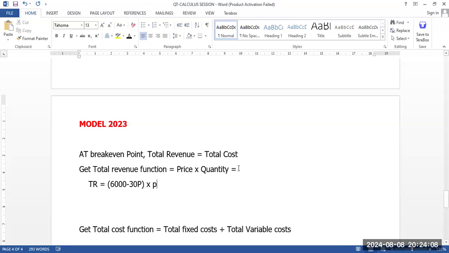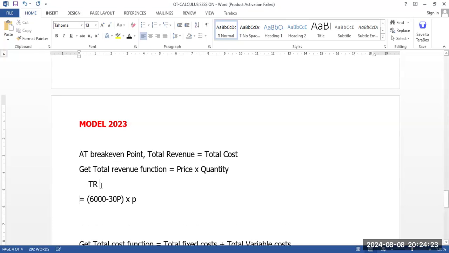In short, already you have the quantity function. This is like quantity times price, which is the same as price times quantity. Someone can start with price times quantity, another one with quantity times price.